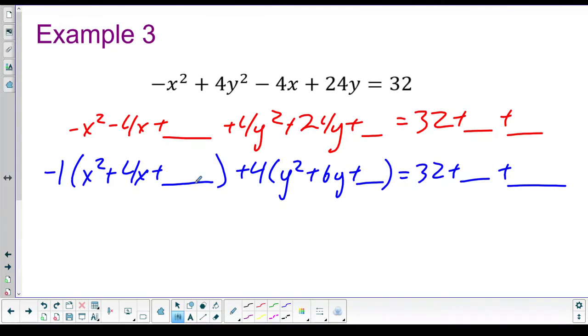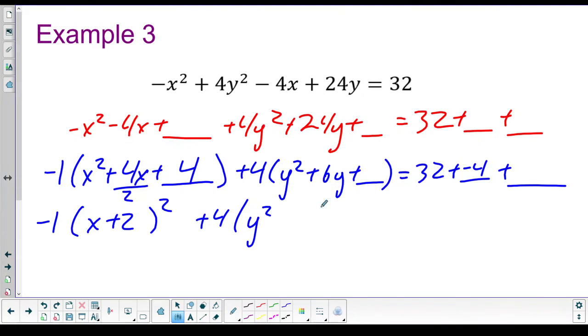Now we need to figure out what goes in these blanks, so we complete the square. Bring down our minus 1. x and something squared: half of our linear term is 2, so x plus 2, and 2 squared is 4. 4 times this coefficient is negative 4. Now our y's. Bring down our plus 4. We have y squared, whoops, sorry, the square goes outside.